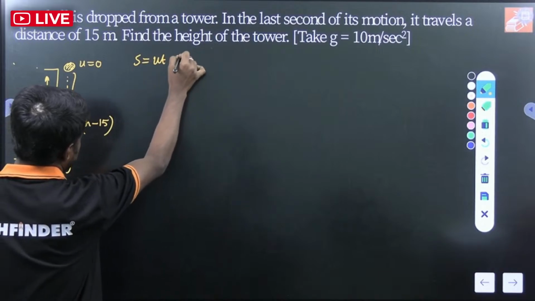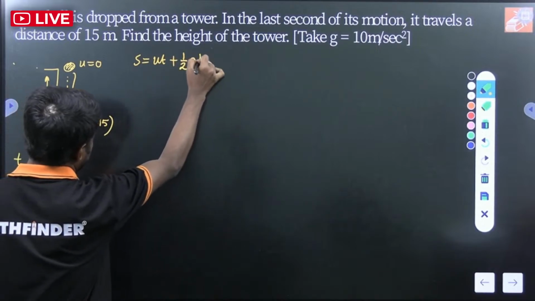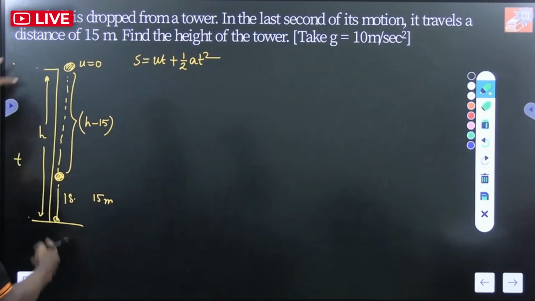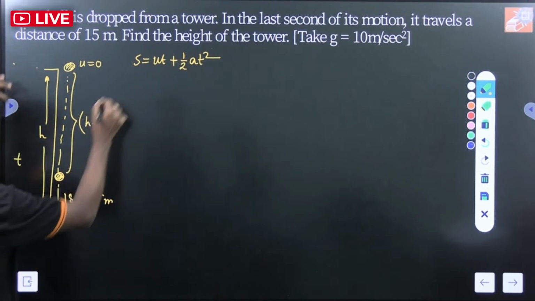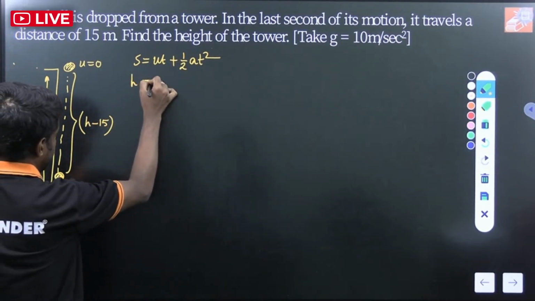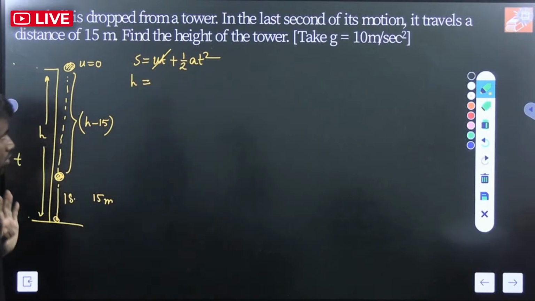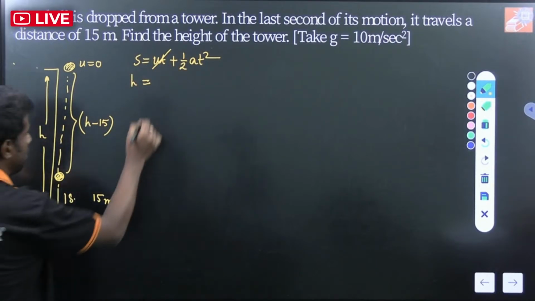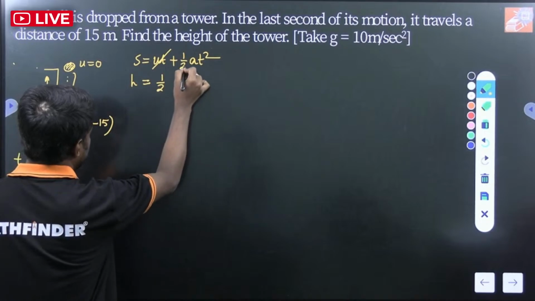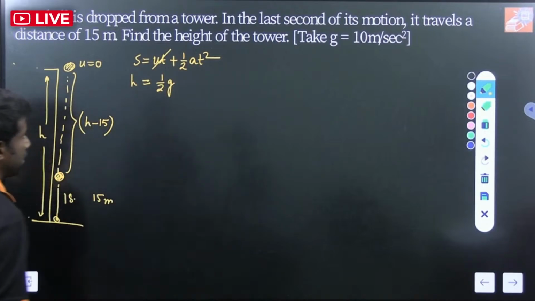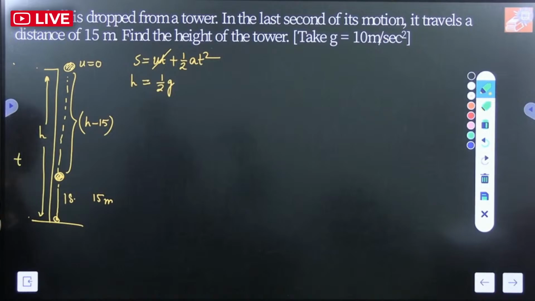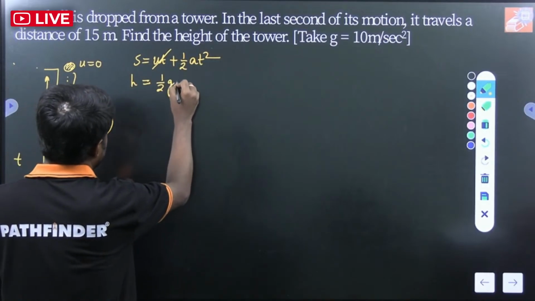Here, s means displacement is h, and u is 0, so that should not be considered. Now a becomes acceleration due to gravity, g, and t square.